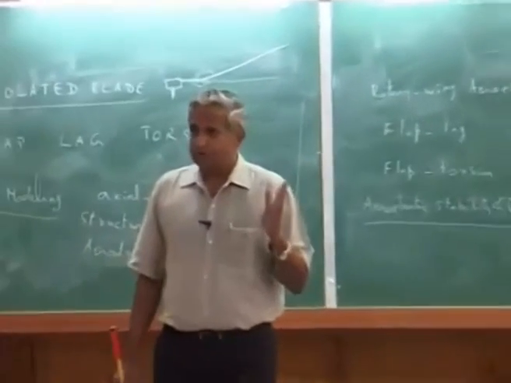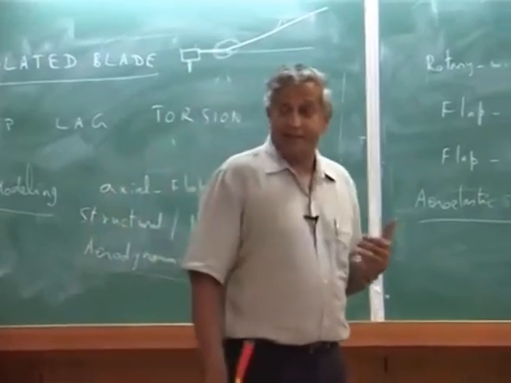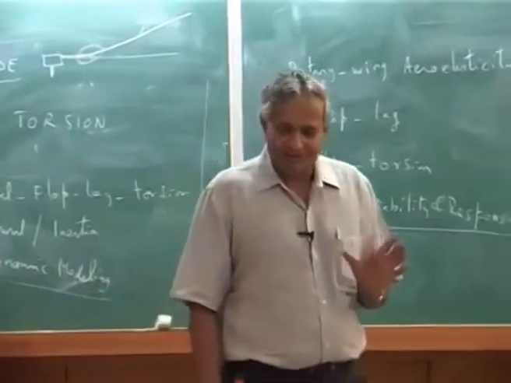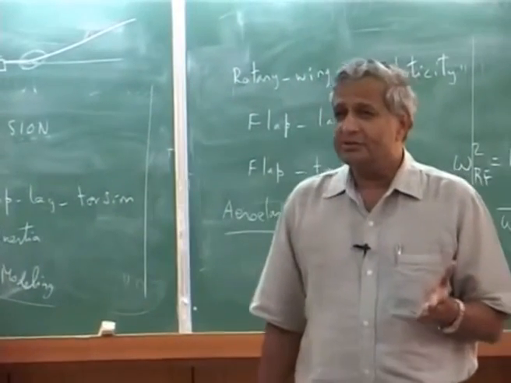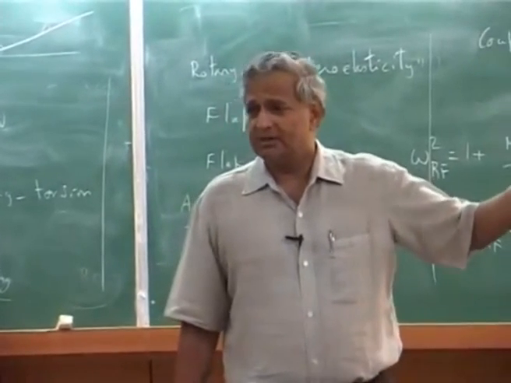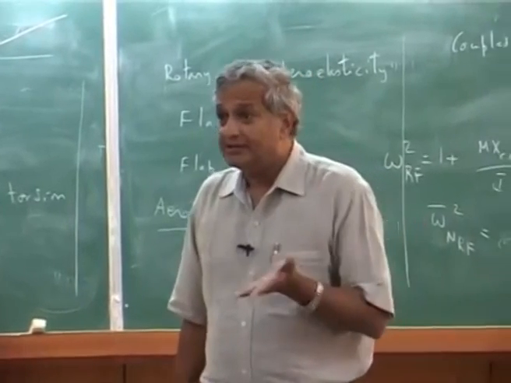Always, everywhere, only the root takes the load. Otherwise the blade, middle point and all, no. Root only has all the loads. See, one is the centrifugal load. Centrifugal load is of the order of 100,000 Newton. Phenomenally large. But the flap load will not be large.